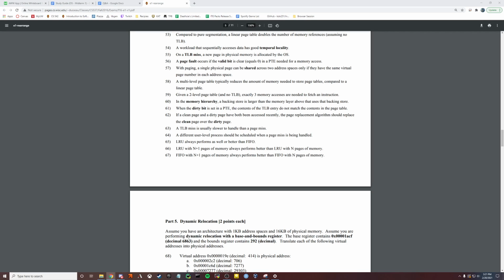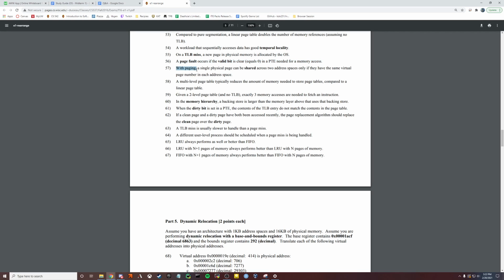Yes, I think it's the same one. Okay. Right, because you wouldn't page fault on a TLB miss because of the valid bit not being set. So we're thinking that 56 is false. Okay, go back to this after.